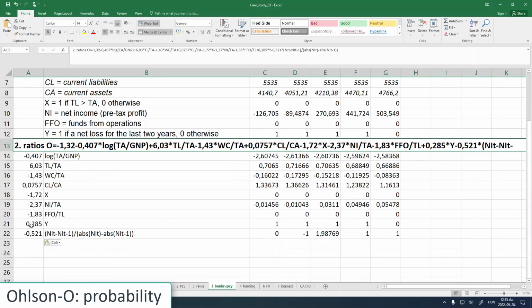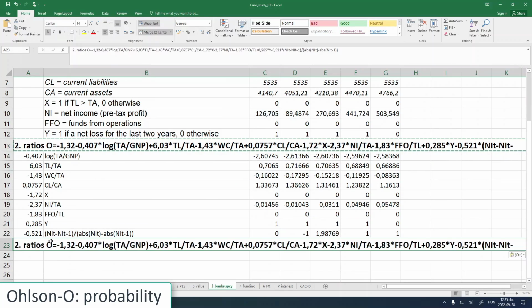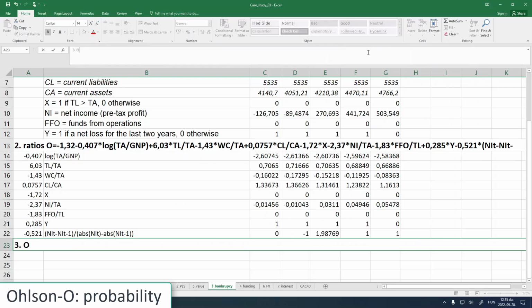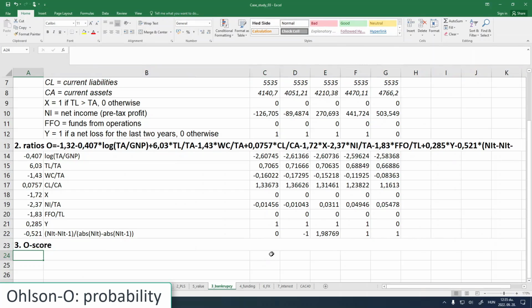Okay, so the next thing is the third point, the O score must be defined. So first of all, we have to do the multiplication.